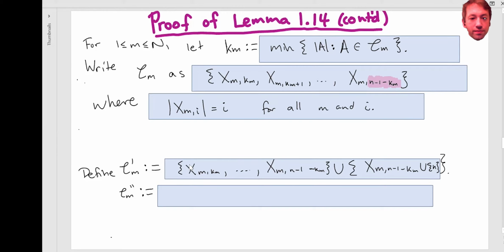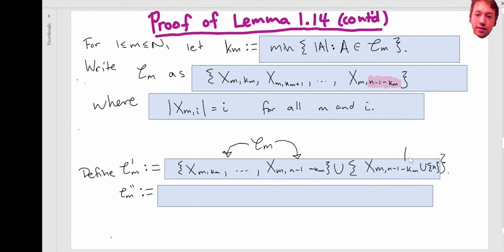So what we do is we take C_m and define two different chains based on C_m. The first one is basically just the chain C_m, which is literally this stuff here. And then I add on one more element, which is obtained by taking the biggest set in C_m and adding the element n to it.